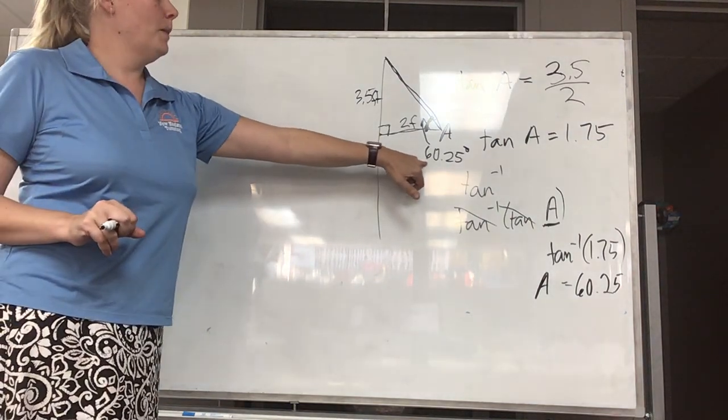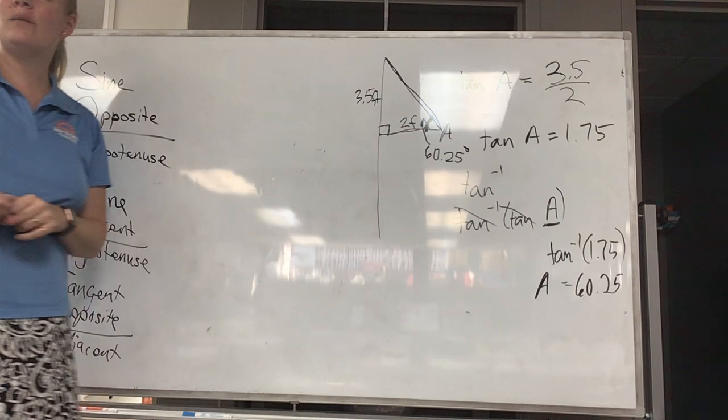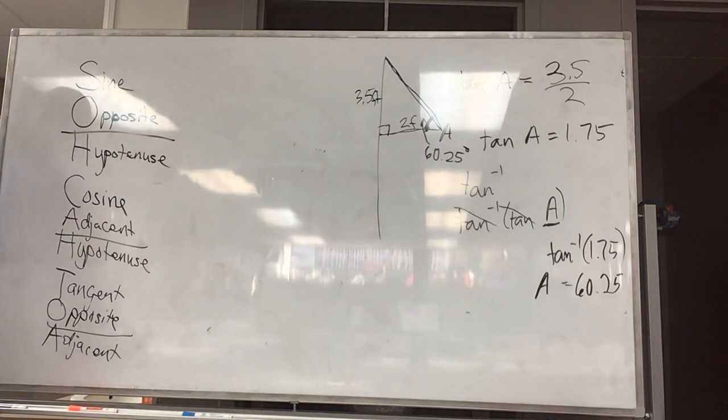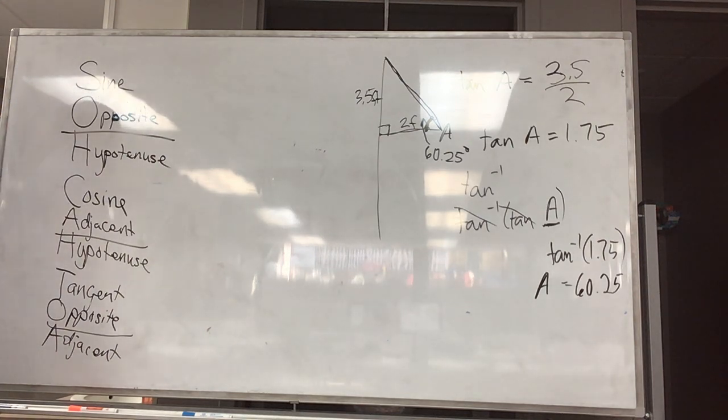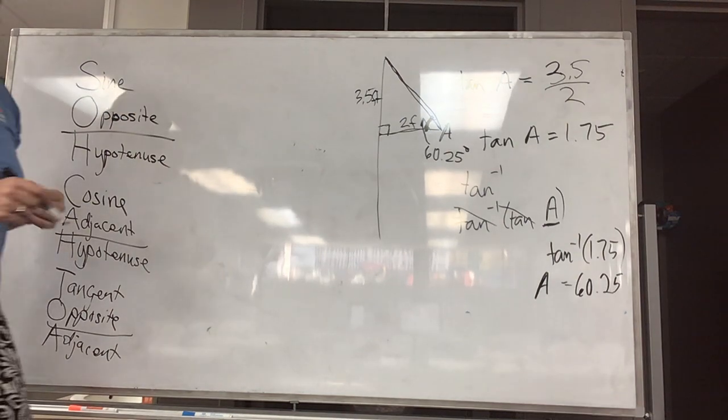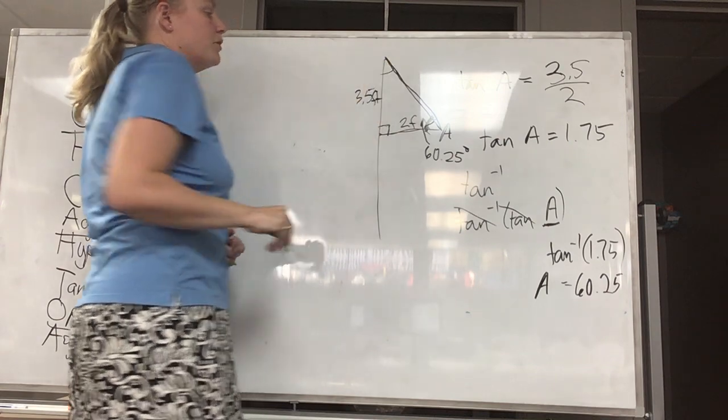Now that we have that angle, what would that angle up there be? There's a hard way and an easy way to go at it. The easy way is to know that this angle and this angle have to be complementary.